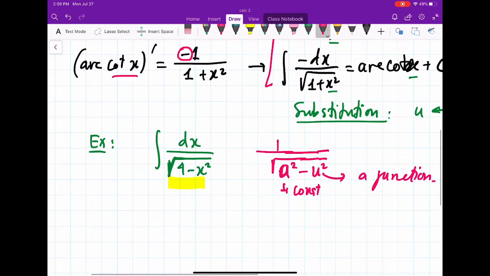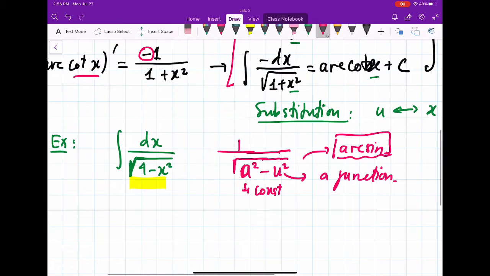You see this? In this case, yes, you might think about arcsine. We will not say arcsine of what yet, because it depends on the situation, but we need to recognize that for this function we need to use the arcsine formula.